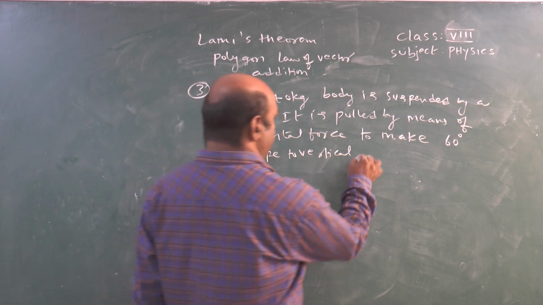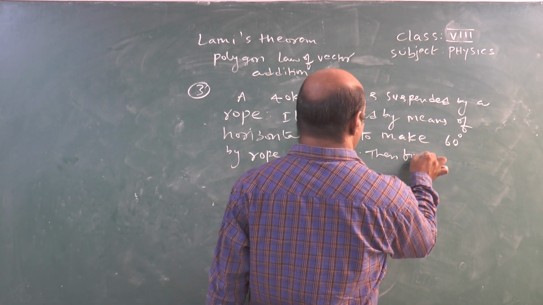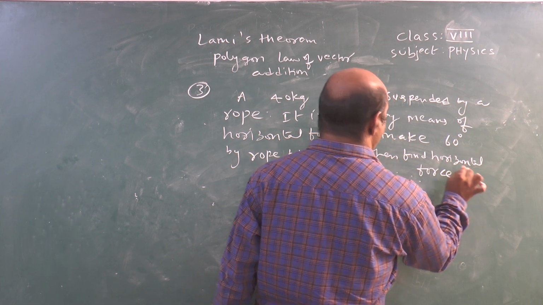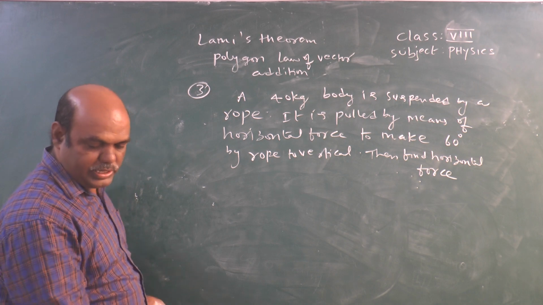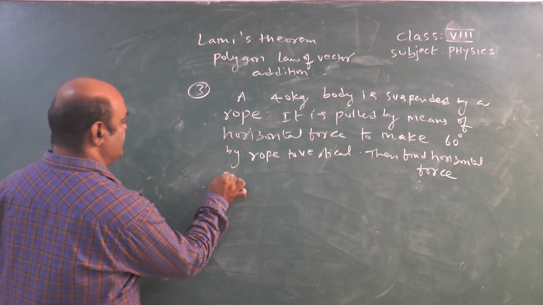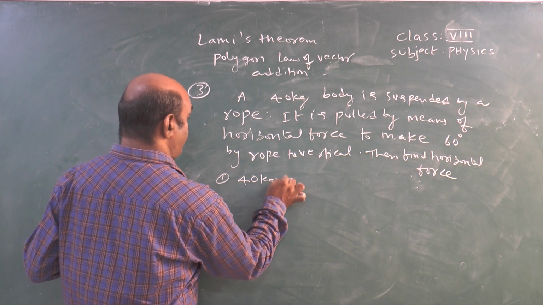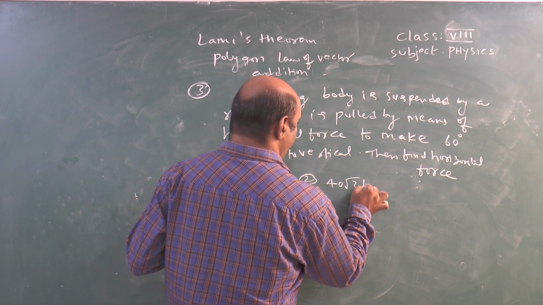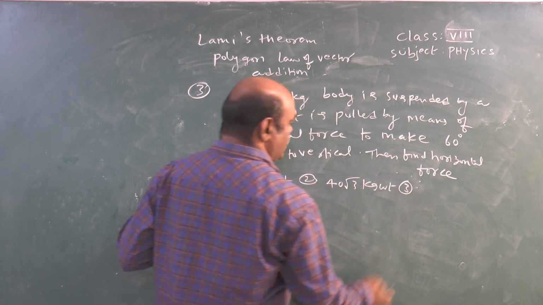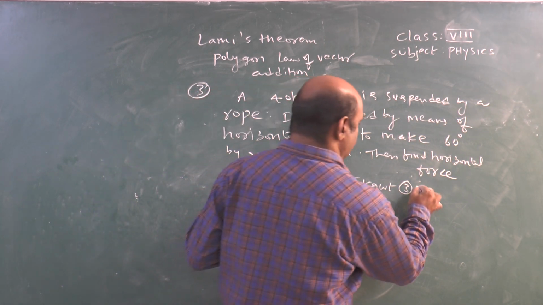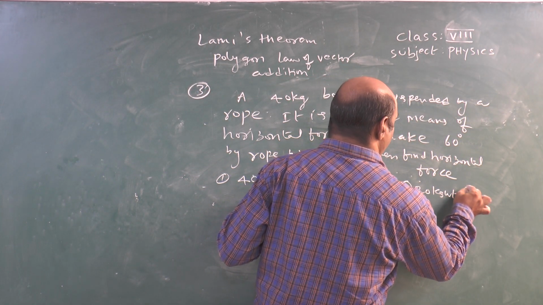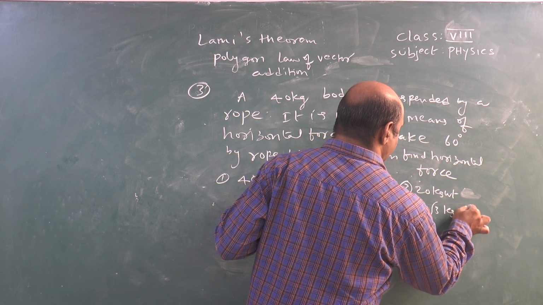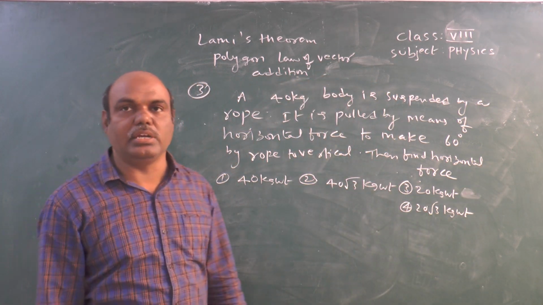Then find the horizontal force. First option 40 kg weight, second option 40 root 3 kg weight, third option 20 kg weight, fourth option 20 root 3 kg weight.